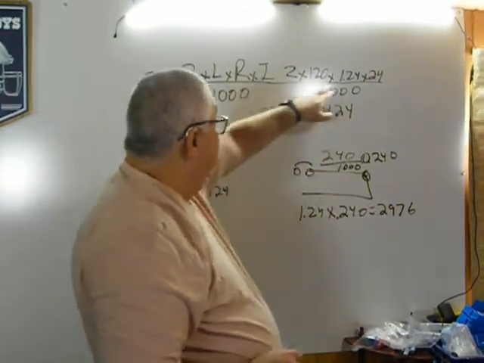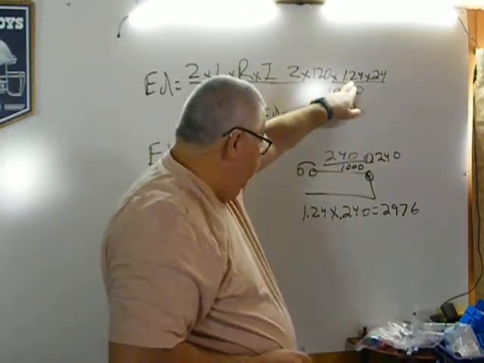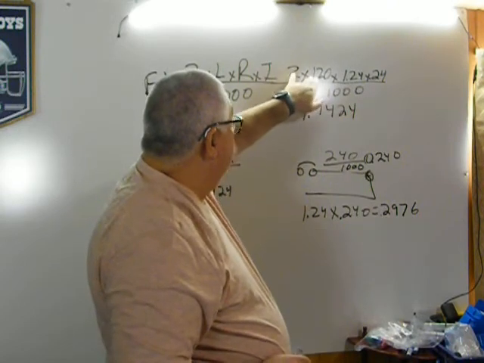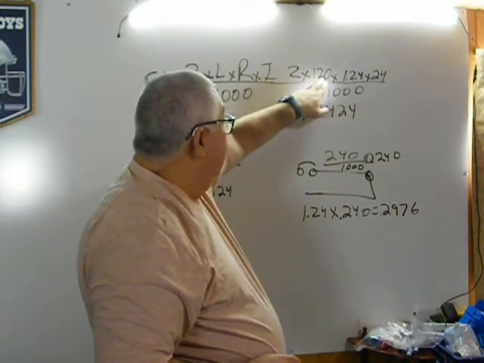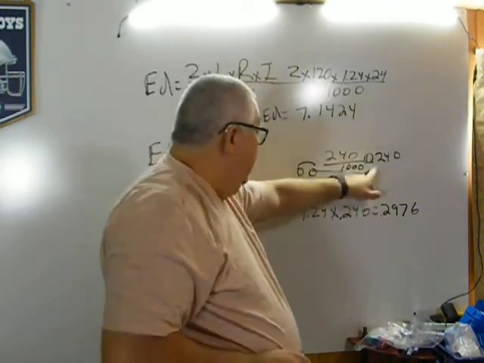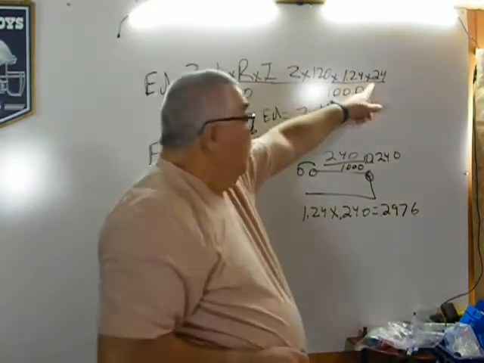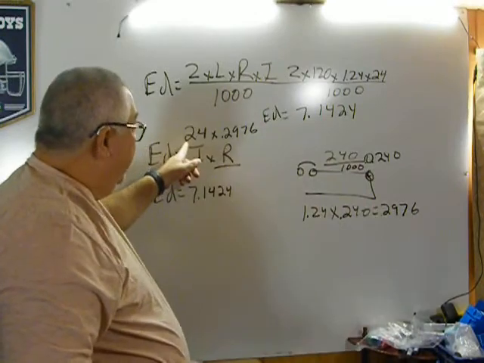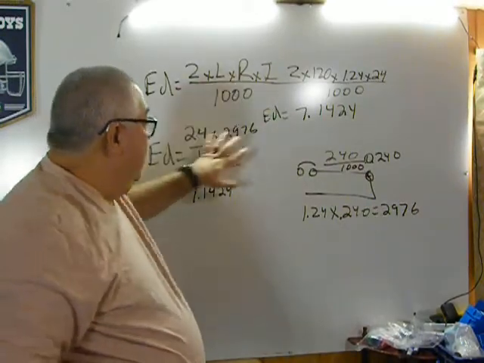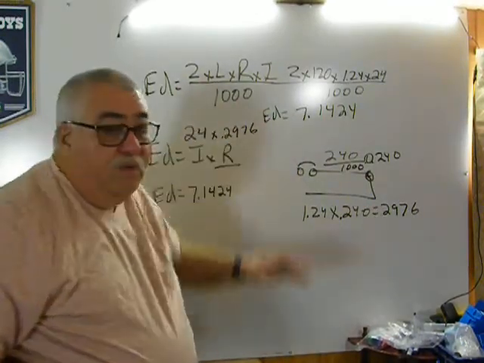Where do you find it? Right here. There's a 1.24. My distance, well, 2 times 120, that's my 240 divided by 1,000. Then I'm multiplying by 24, which I did right here. So it's all done in one instead of having to do it separately.